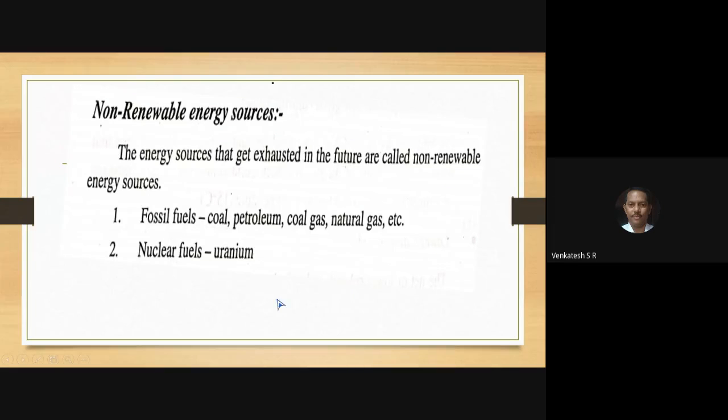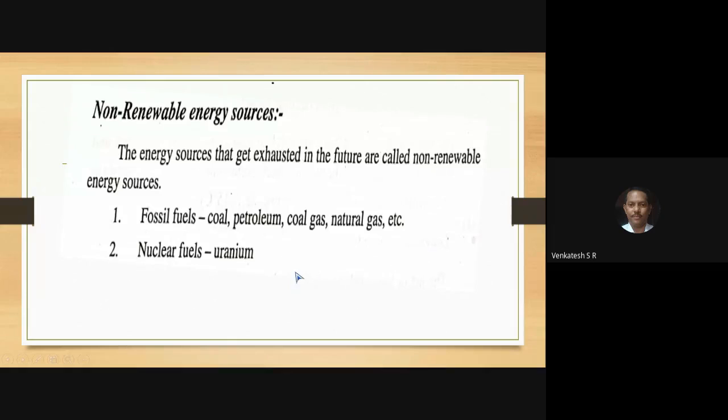Next, coming to the non-renewable energy source, a very important one is nuclear fuel, that is uranium. Uranium can be used to produce hot water and steam.